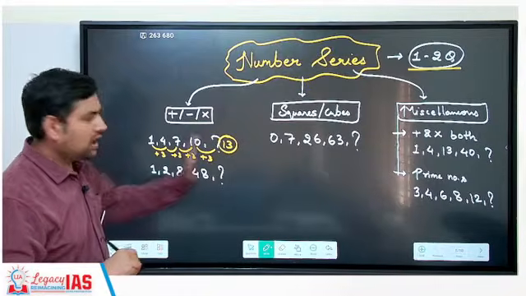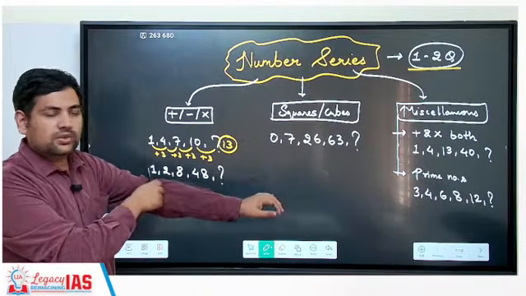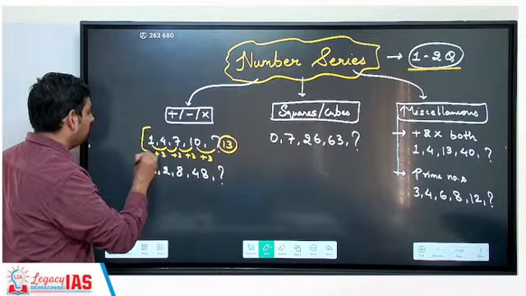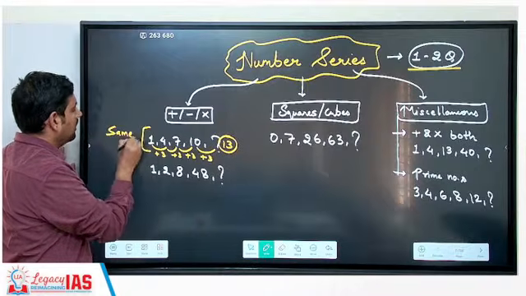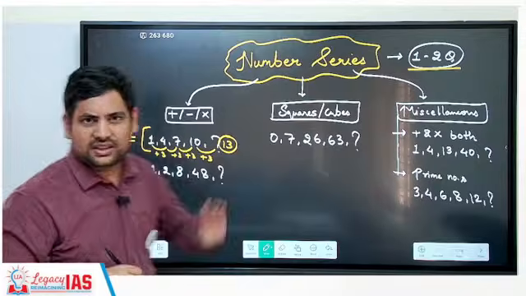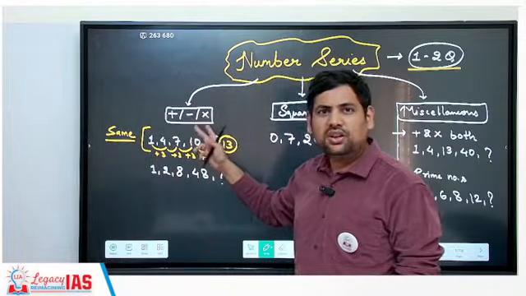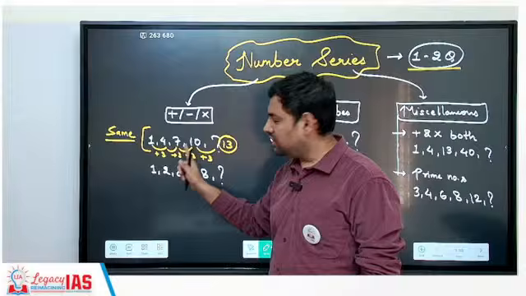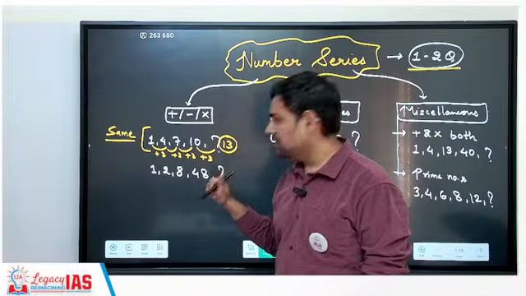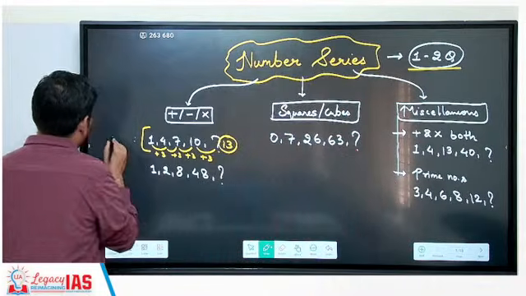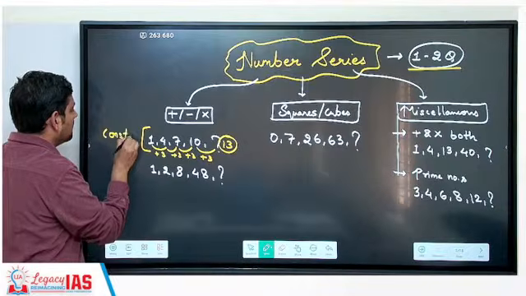Correct? This is how it will work in the usual sense. Now this is called when the difference is the same, or the multiplication by what number you are doing, that remains same. So the difference is actually constant here.